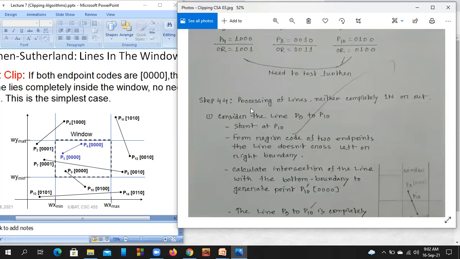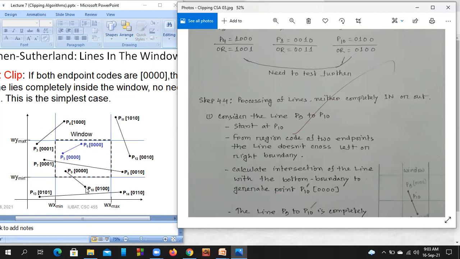So if we go individually to check P9 and P10, first we consider this line individually. We have to check which endpoint is outside the window. If it is crossing over like that, we start from there, and then we have to check at which point it crosses the boundary of the window.